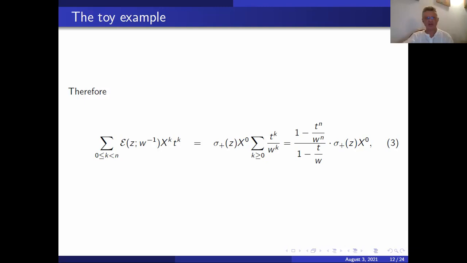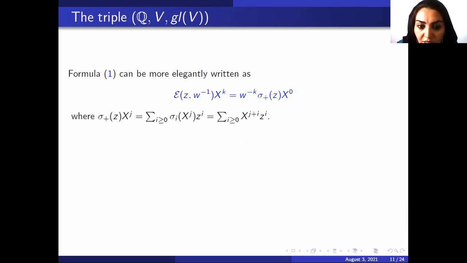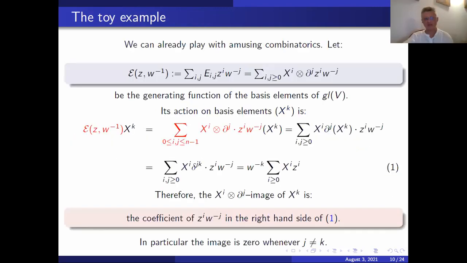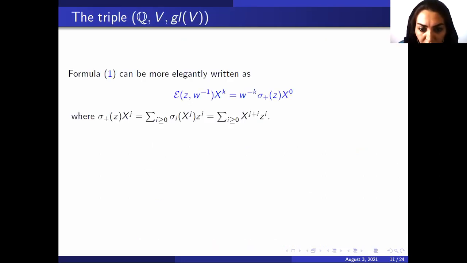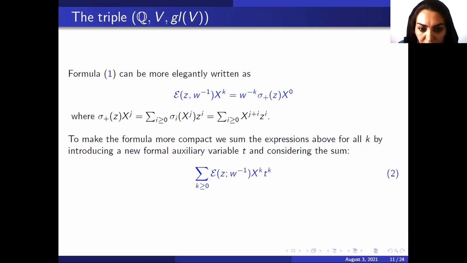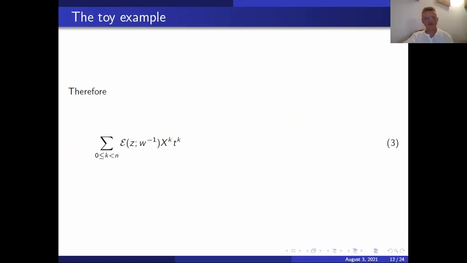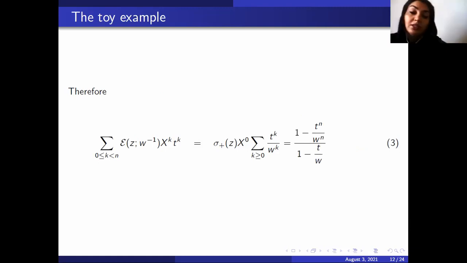In the second sum, as you see, the geometric progression, I didn't write as 1 over 1 minus t over w.